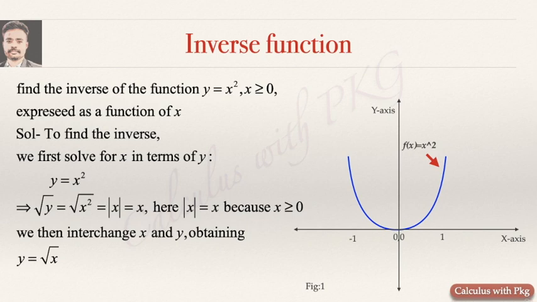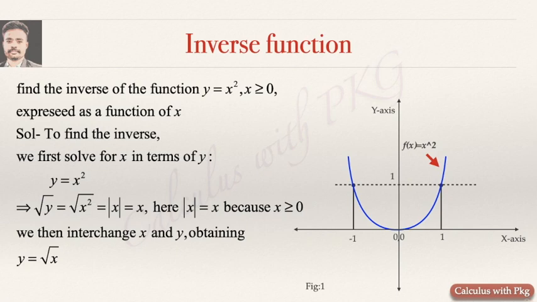Now how to check a one-to-one function? We have to draw a horizontal line and see whether this horizontal line intersects the function at only one point or more than one point. So here from the figure we can see the horizontal line intersects the function at two different points.